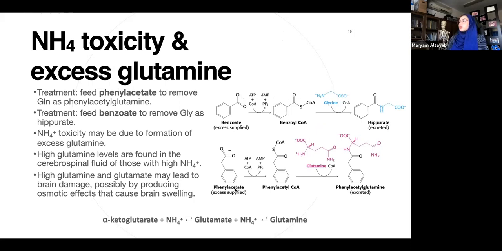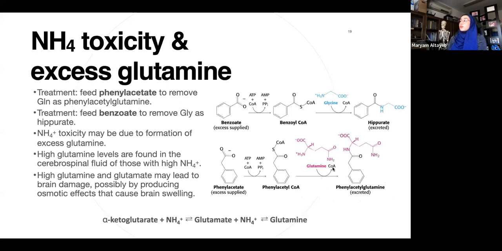Okay, so you have something called phenylacetate. When you give it to these patients, it's going to be converted into phenylacetyl-CoA. The important thing about phenylacetyl-CoA is that it can take these glutamine molecules and give you something called phenylacetylglutamine. Now, phenylacetylglutamine can be excreted by the body more safely than glutamine can.